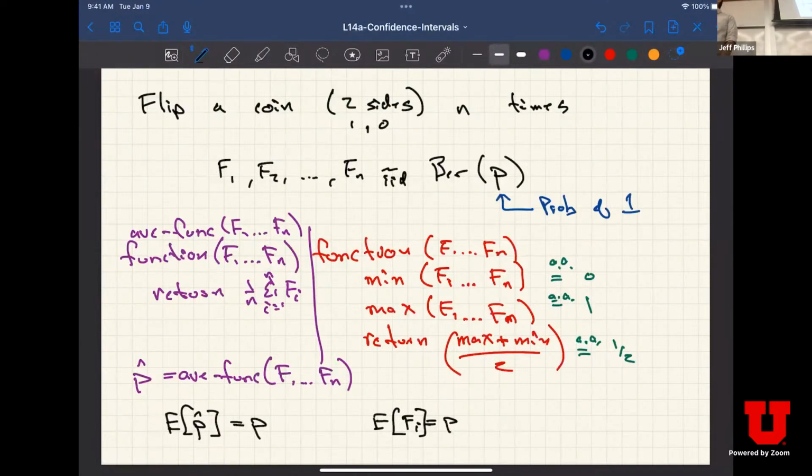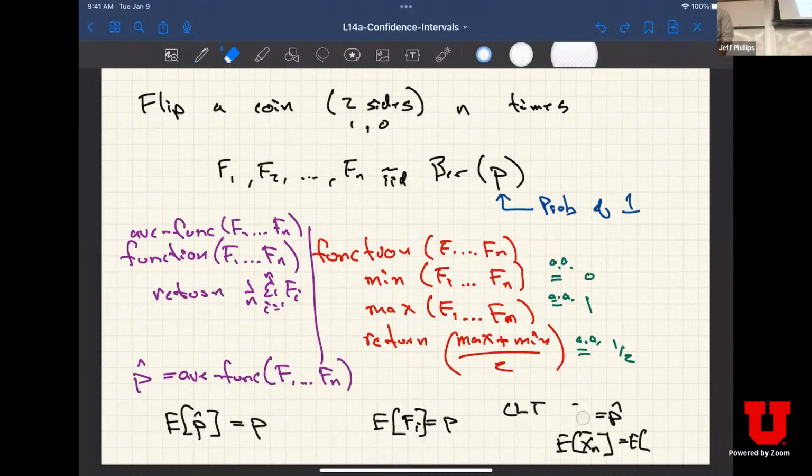And by the central limit theorem, I know that x bar n, which is equal to p hat, the average of a bunch of IID random variables, has the same expected value as one of those. Let's call this f n bar here. It has the same expectation as any one of those random variables, which is exactly equal to p. So I know from this that the expectation of p hat is exactly equal to p.